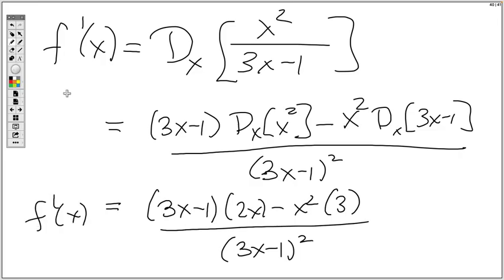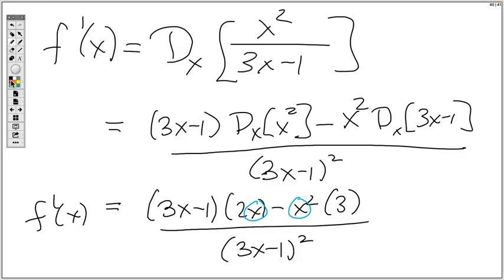Now, can you cancel those 3x minus 1s? I know you're tempted to, but it's illegal, so don't. You simplify the numerators, keep the denominators factored. Is there anything you can factor out of the numerator? If you look at both of those terms in the numerator, is there something you can factor out? Yeah, you can factor out a what?